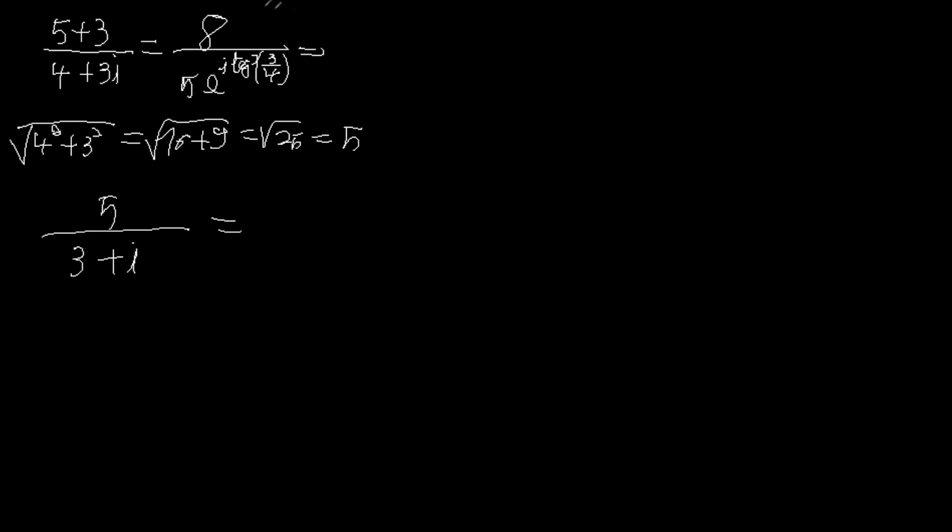Now this is 8i divided by 5 times e to the i minus the arctangent of 3 divided by 4.